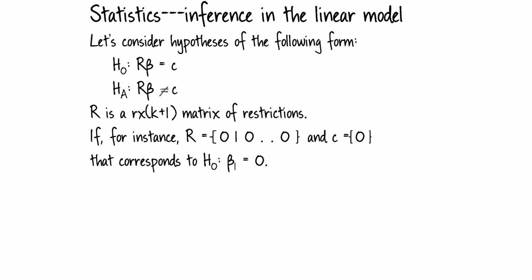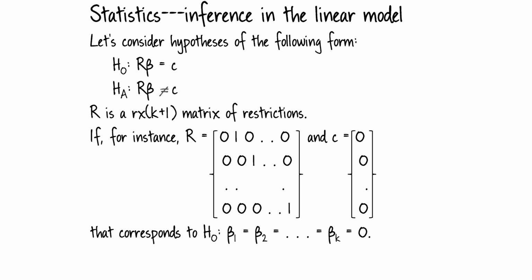Okay, so being in the second spot, it's picking out beta 1. And C is just what beta 1 is equal to under the null. Okay? So that R and this C corresponds to the hypothesis that beta 1 is equal to 0. Okay?